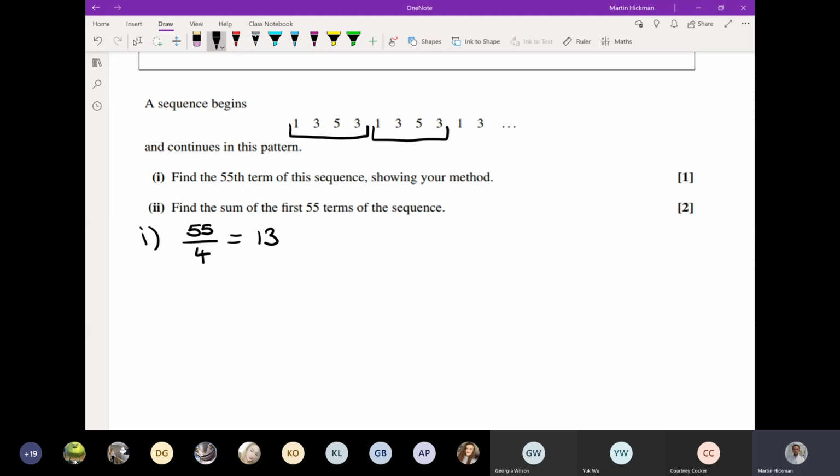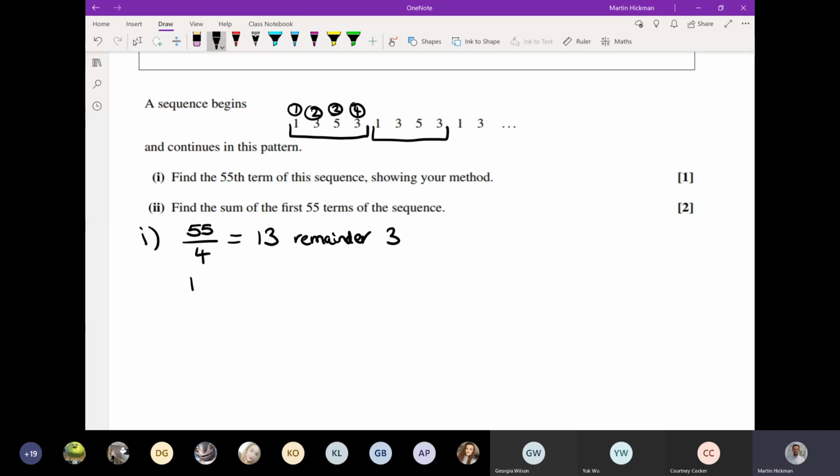We want to go back almost like primary school, and put a remainder here instead. So we want to think of this as 4 goes into 55 13 times, with a remainder of 3. And the reason is, as I go around in this cycle of 1, 3, 5, 3, 1's always the first term of the cycle, 3's the second term, 5's the third term, and 3 is the fourth term.